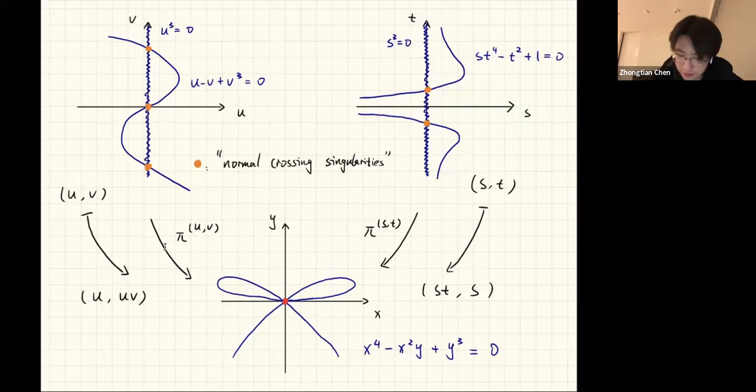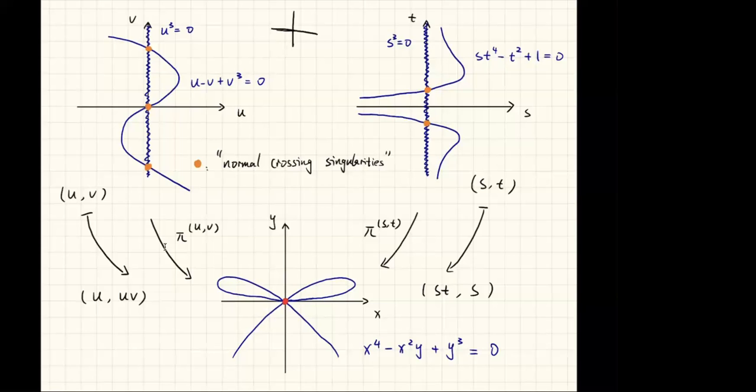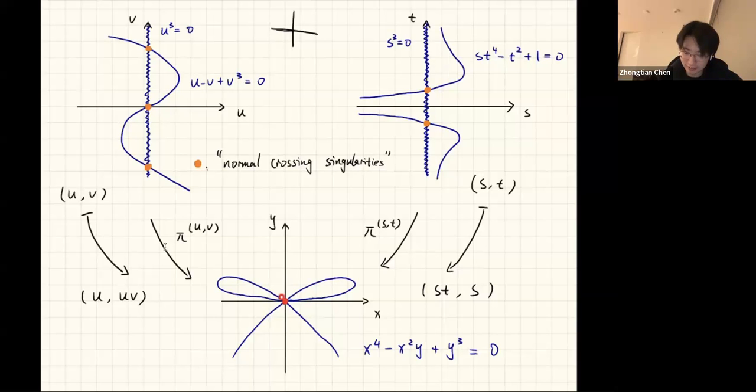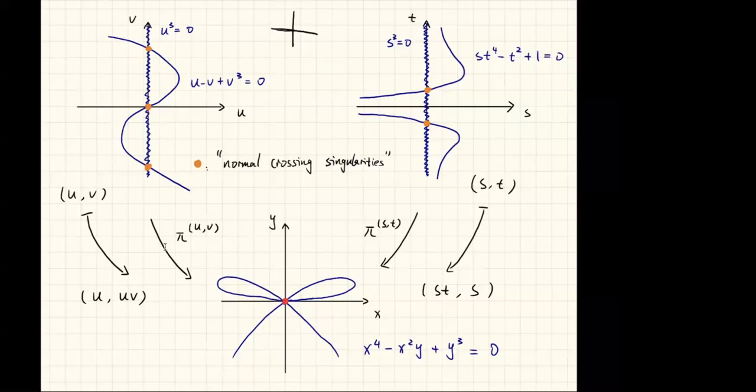So the idea of normal crossing is that around this point it is a normal crossing if it locally looks like the intersection of two straight lines, intersecting transversely, in this way. Okay, so it's just the fact that it's three straight lines there. Yes. So any perturbation of this would turn it into three normal crossings.